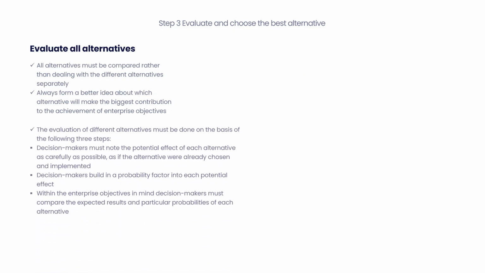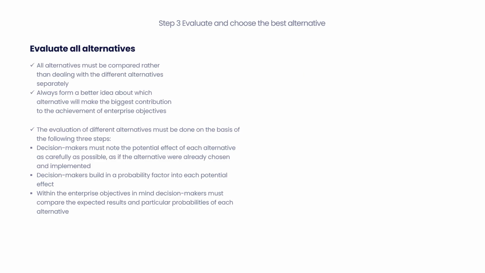The evaluation of different alternatives must be done on the basis of the following 3 steps. The first one: decision makers must note the potential effect of each alternative as carefully as possible, as if the alternative were already chosen and implemented. Secondly, decision makers build a probability factor into each potential effect.